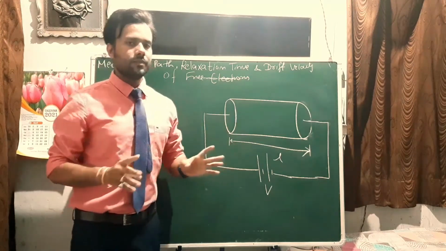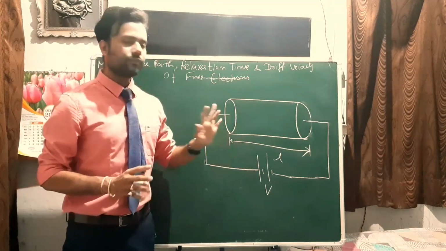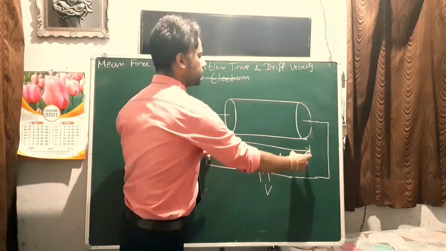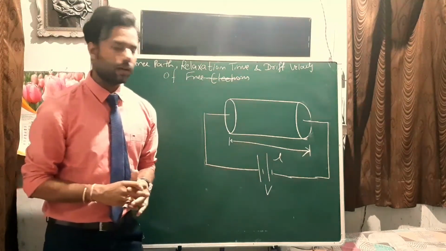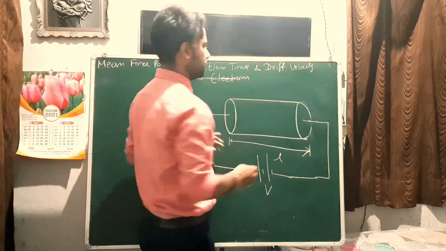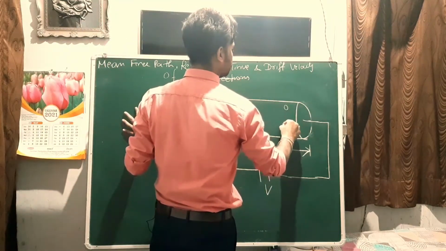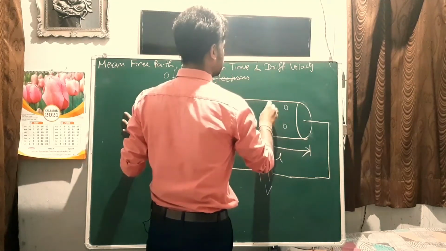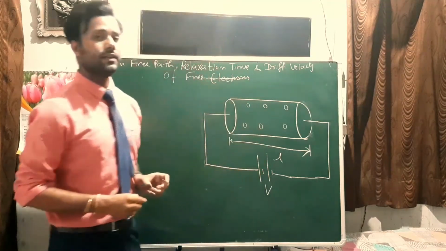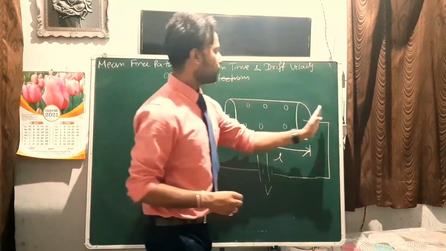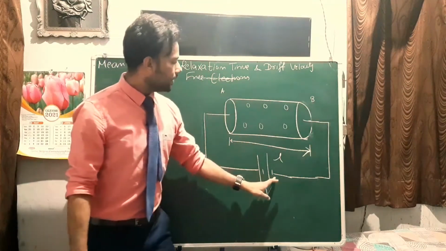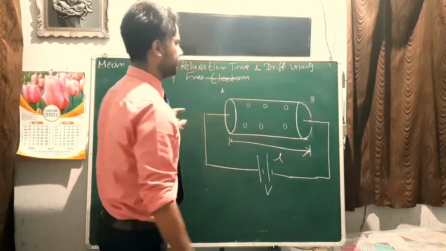The difference here is that it is connected across a battery having voltage V, and the length of the conductor is, let's suppose, L. As the battery is connected to this conductor, all the electrons will experience a repulsive force from this side to this side, from B to A, because B is connected to the negative terminal.